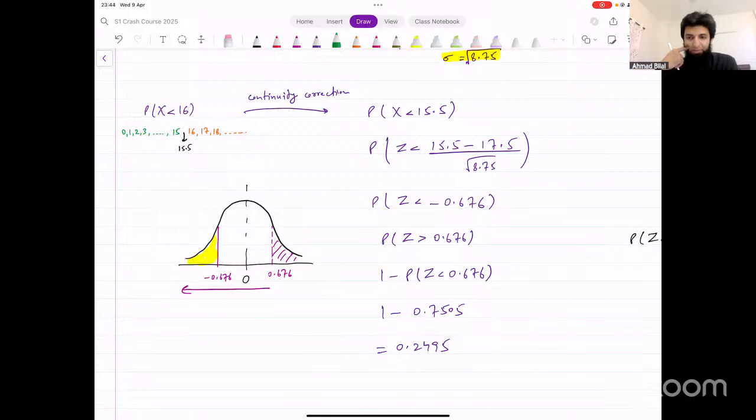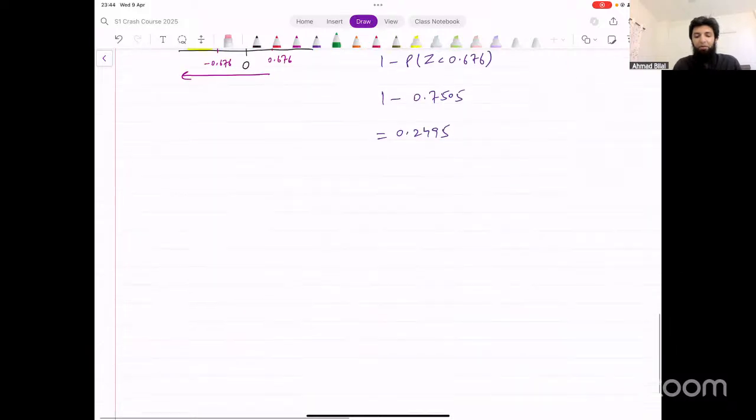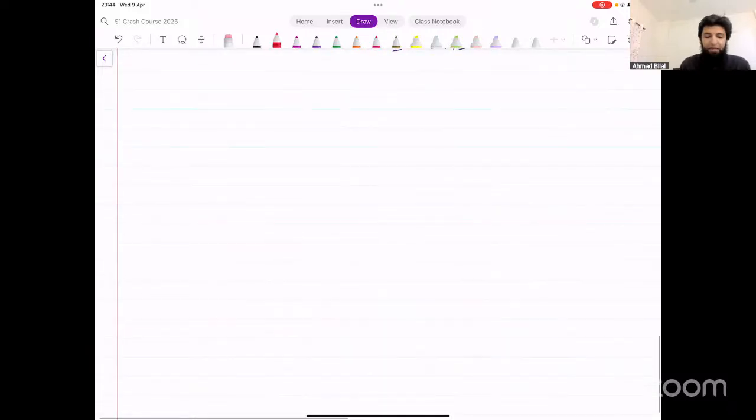Okay. Now, let's talk about continuity correction in a bit more detail, again using a number of different cases that you could have, because that is something that confuses some people sometimes, but there's a very straightforward approach to that. We will discuss that now.